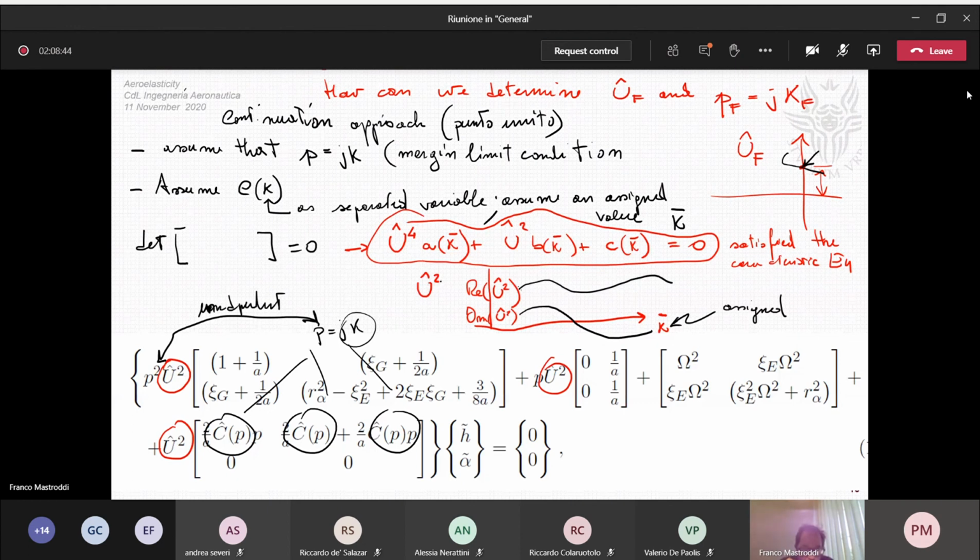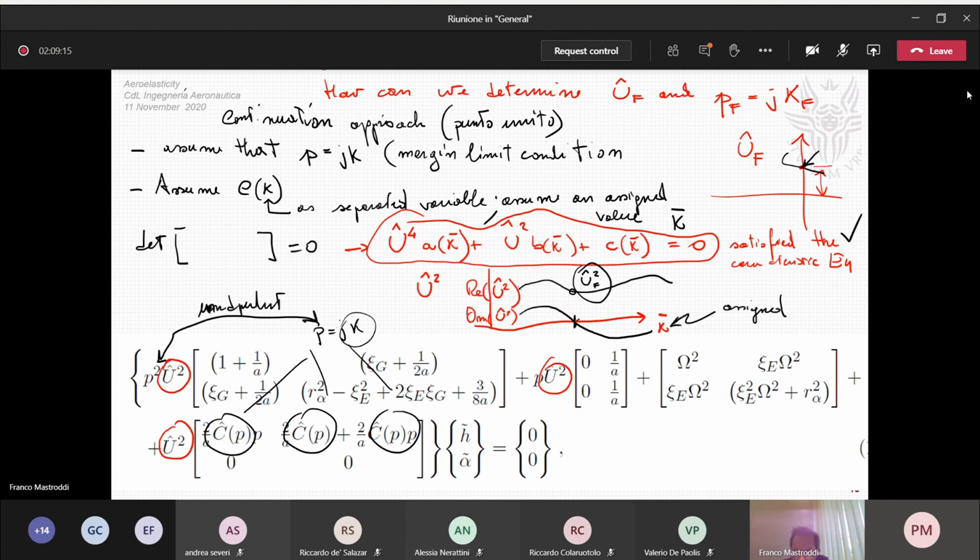Is u square a complex number? Not at all. So when you have 0 imaginary part here, stop please. You have satisfied your characteristic equation. You have a 0 imaginary part for u square, and this u square here is your flutter velocity to the power 2.